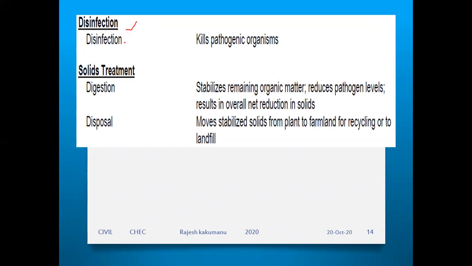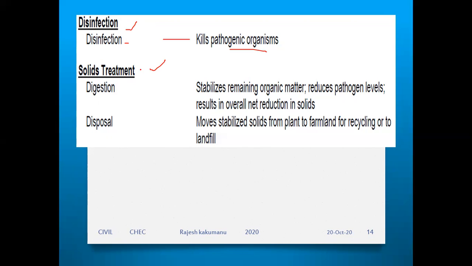In the tertiary treatment, the effluent treatment, whenever the effluent water is coming outside, they will add disinfection chemicals to kill pathogenic organisms. Next one is sludge treatment, the solids treatment process.